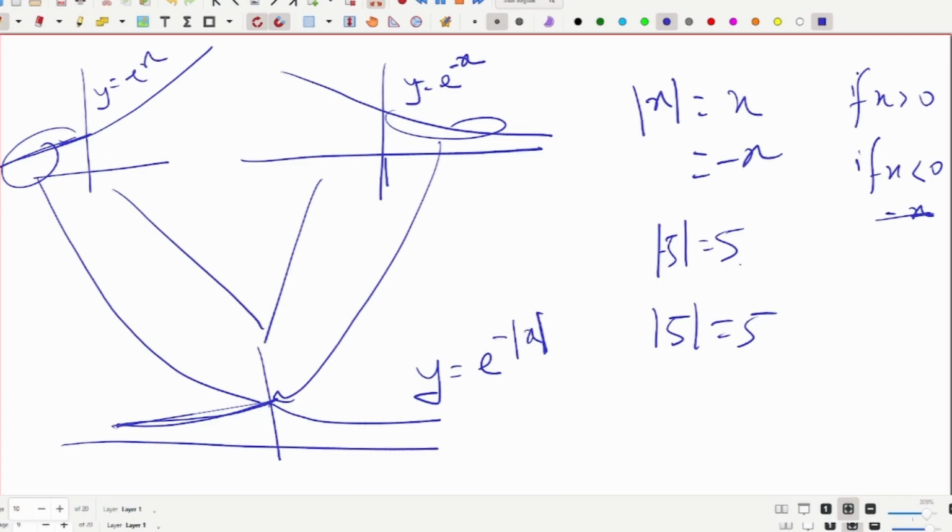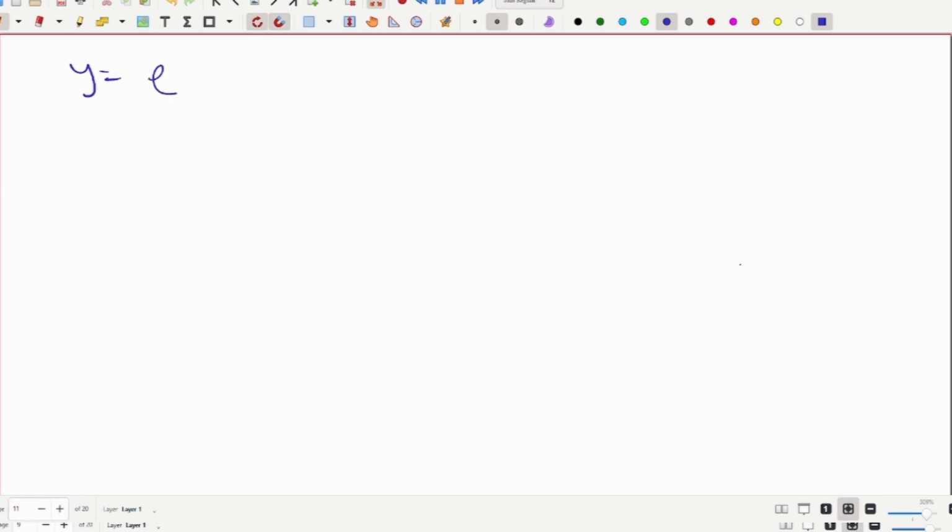So the exponential graph was not symmetrical, but the moment we write it this way, y is equal to e to the power minus modulus x, this graph will be symmetrical.